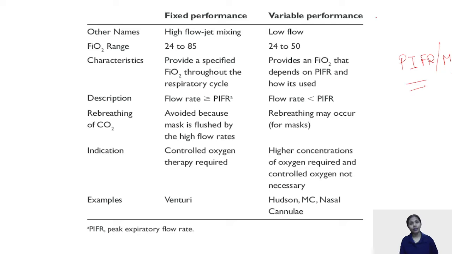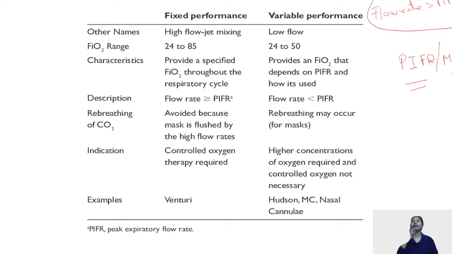And any device which gives a flow rate which is more than the peak inspiratory flow rate of a patient will be able to provide the fixed FiO2. Because if such high flow rates are coming, which is maintaining the peak inspiratory flow rate of a patient, then the patient need not get extra air from the atmosphere to meet the demands of the inspiratory flow rate. I hope I'm very clear.